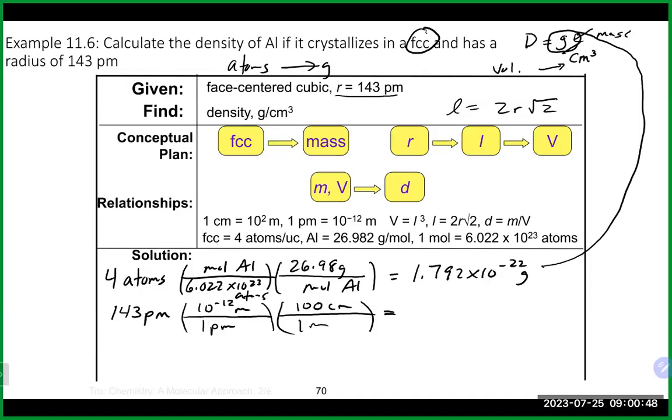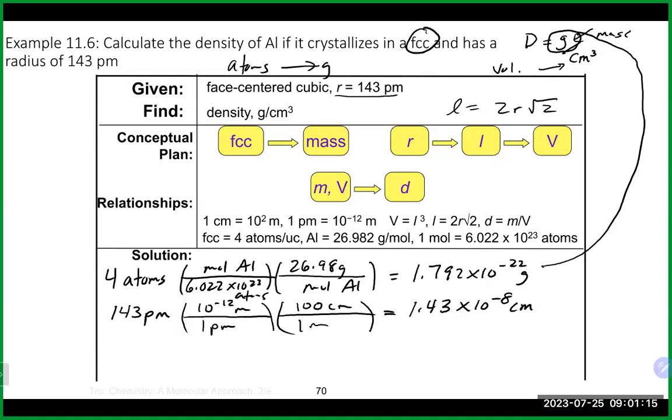Again, you could wait on this, but might as well just knock it out here up front. And that will get me 1.43 times 10 to the minus 8 centimeters.